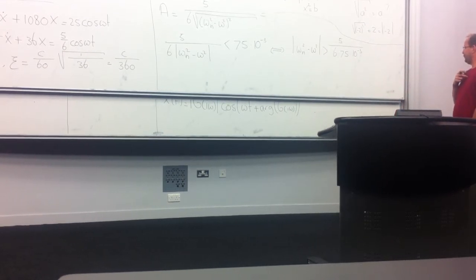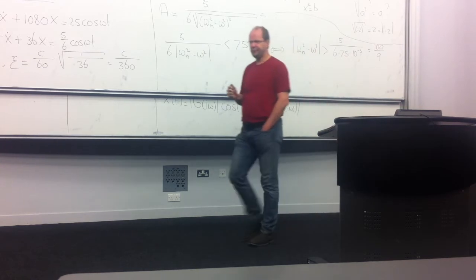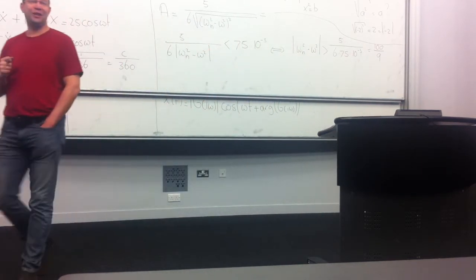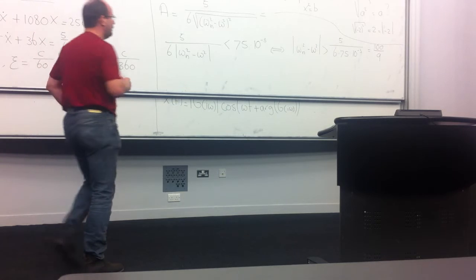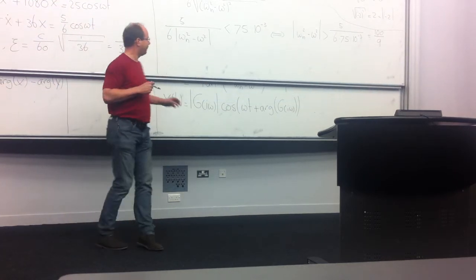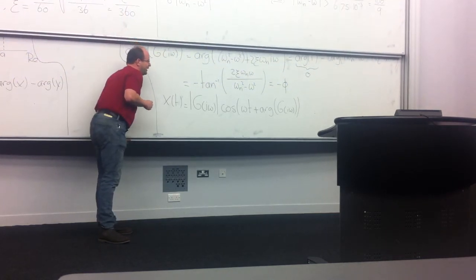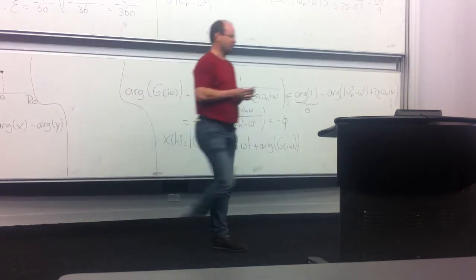And 5 over 6 times 75 is 5 over 450, so it's 1 over 90. We get 1,000 over 90, 100 divided by 9. Or the engineer would say 11.1111111. I would just say 100 divided by 9 for the moment. Keep your hands off these calculators as long as possible.